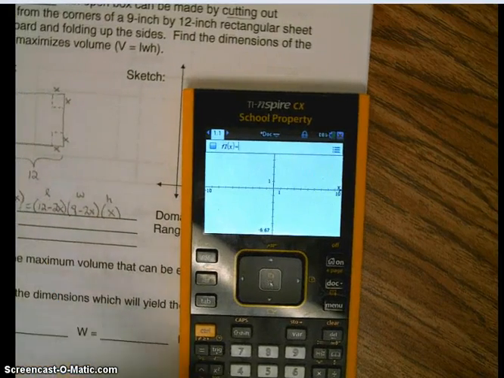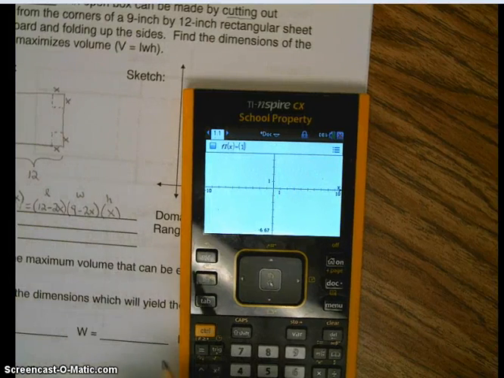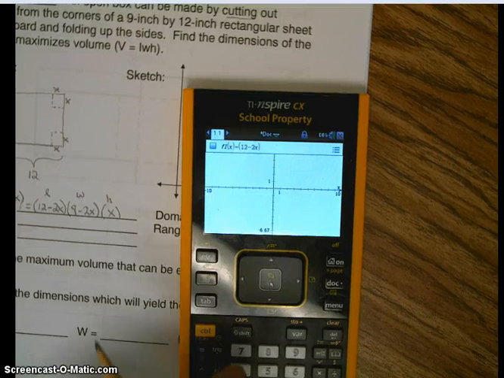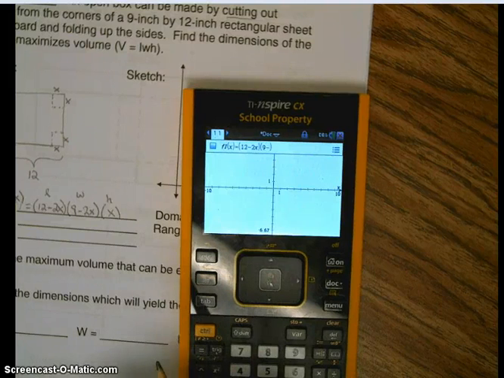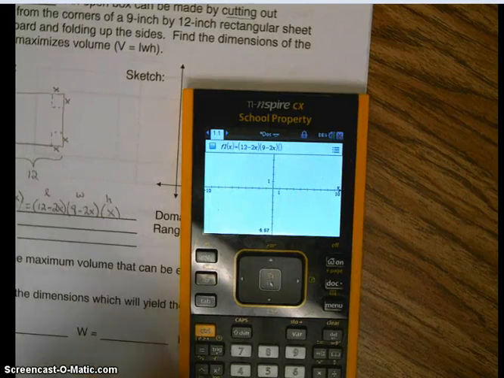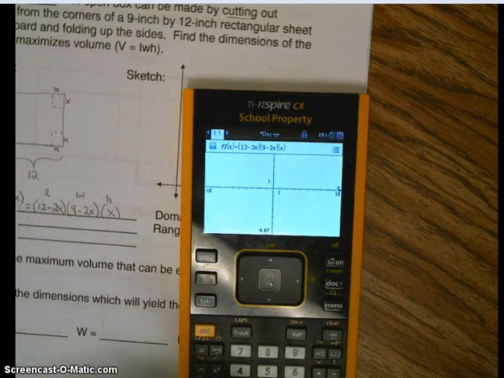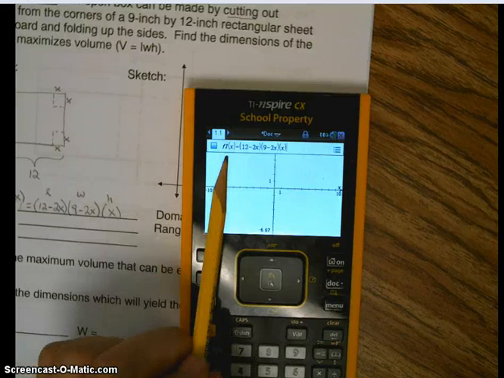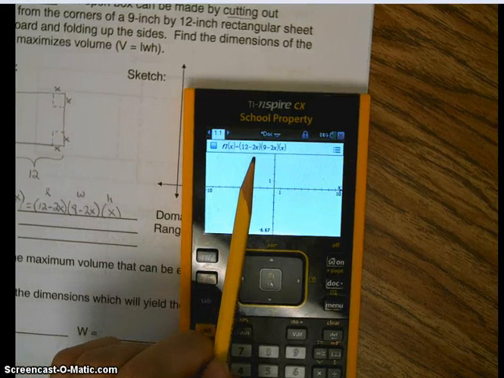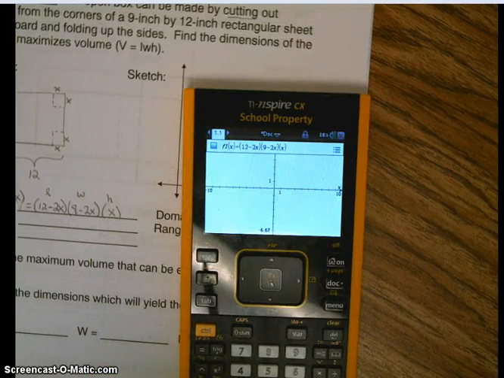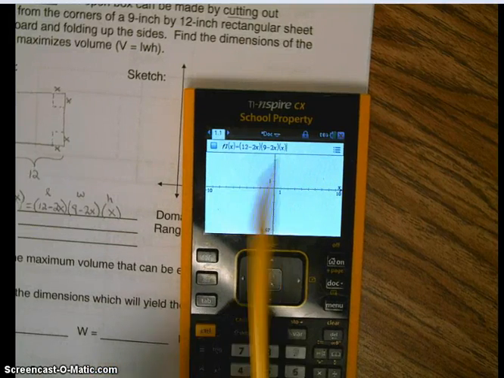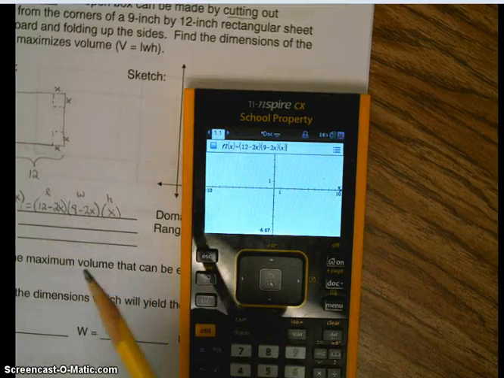So we have 12 minus 2x times 9 minus 2x times x. So there's my volume, here's my length, width, and height, all in terms of x. So remember, the height is x. Okay, so let's graph it.